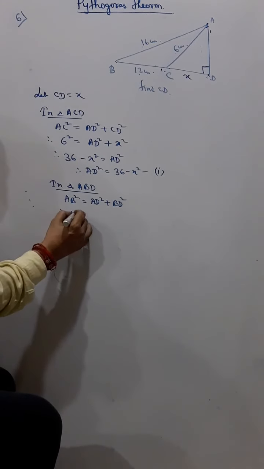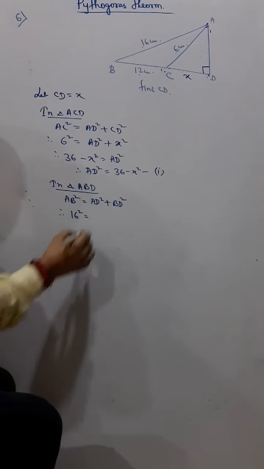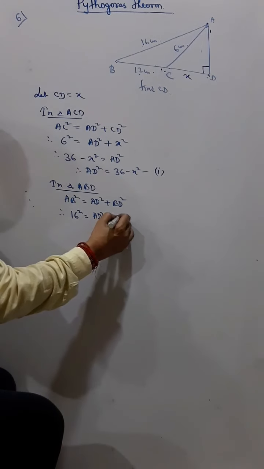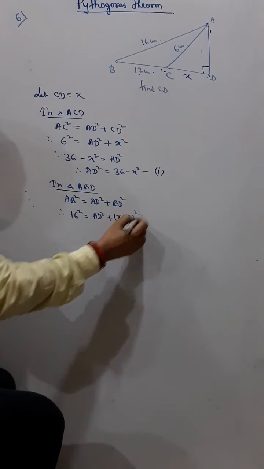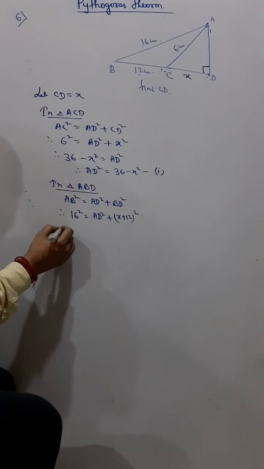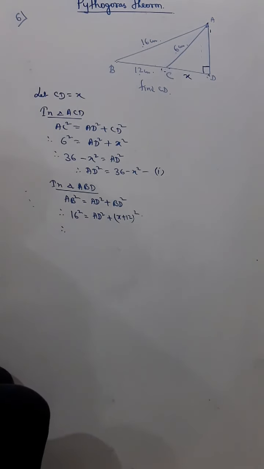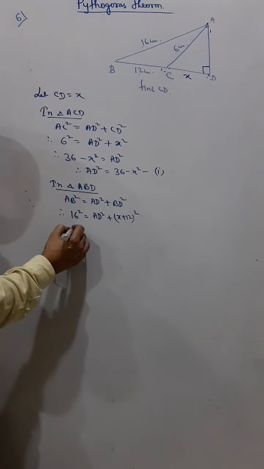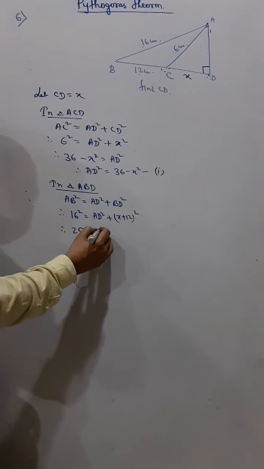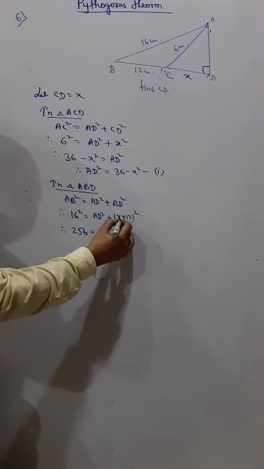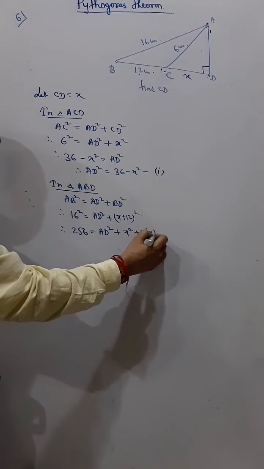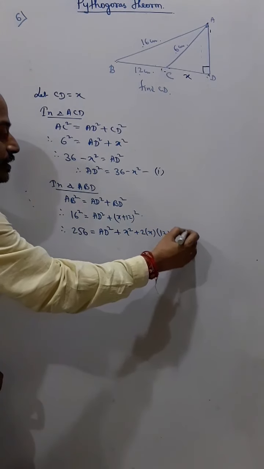So AB square is 16 square, AD is this, and BD is in fact x plus 12 and whole square, and then we will get 16 square, which is 256, and AD square. Now you can use a plus b whole square here, and that is a square plus 2 into a into b plus b square.